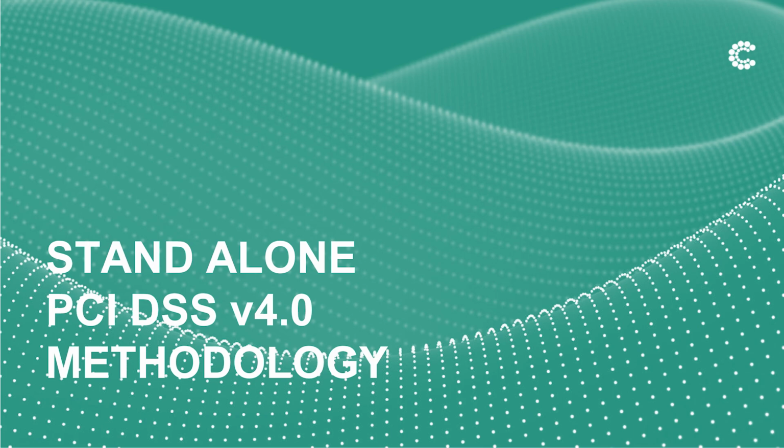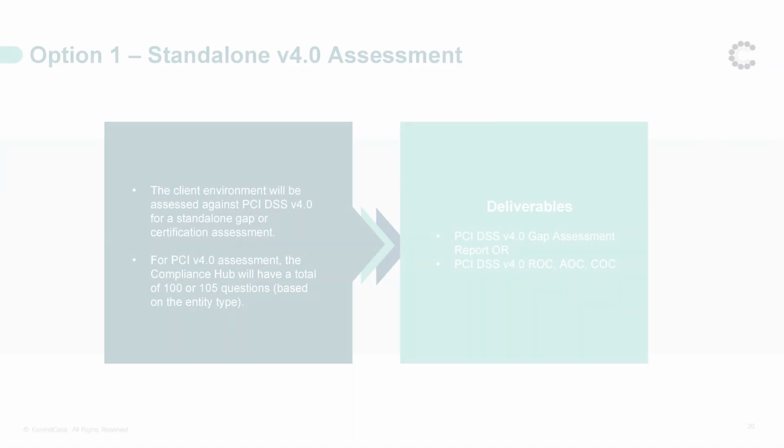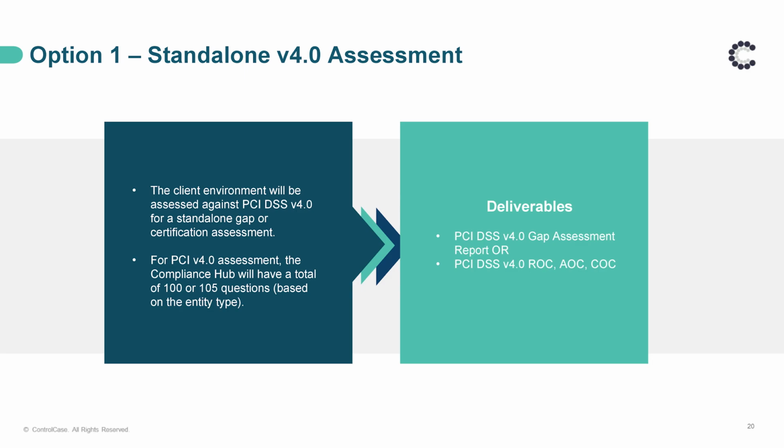Now, we'll talk about how ControlCase can help organizations with PCI DSS 4.0 and what assessment options we currently provide. So the very first option is a standalone PCI DSS version 4.0 assessment. With this, as we have developed our own assessment questionnaire for version 4, the assessment will be done as a standalone assessment using the ControlCase Compliance Hub platform.